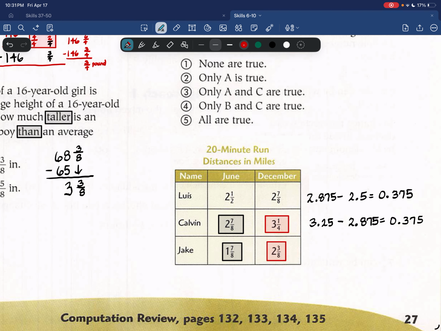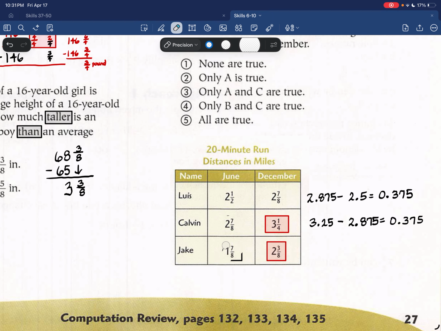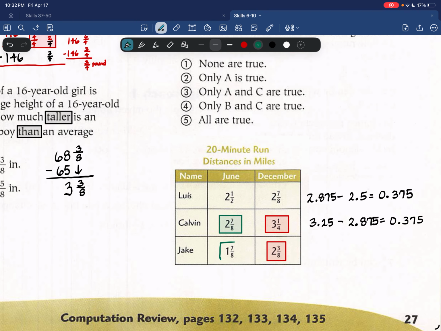Now, we need to find the differences between those two. And I tell you what, let me make this green so we do not get that confused with the one that I've already done. So let's do this one and this one.